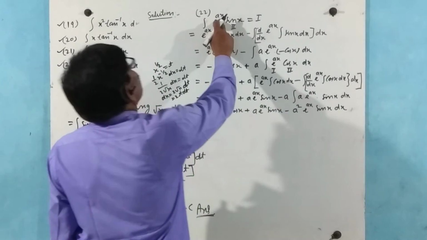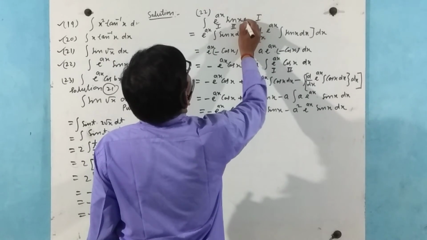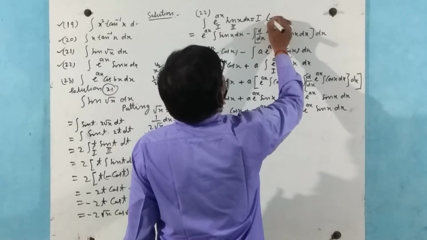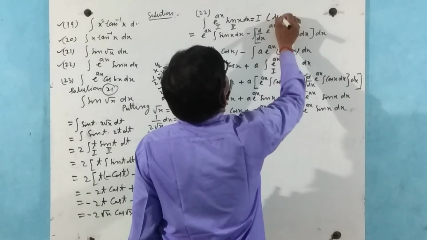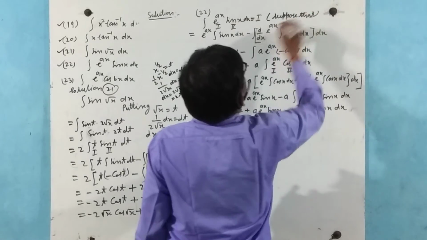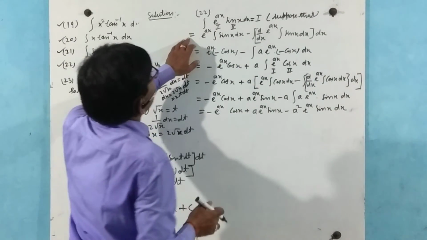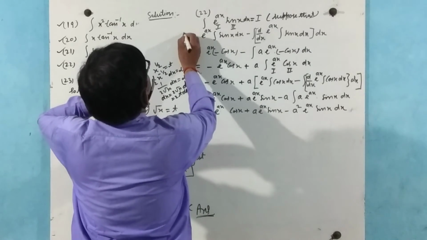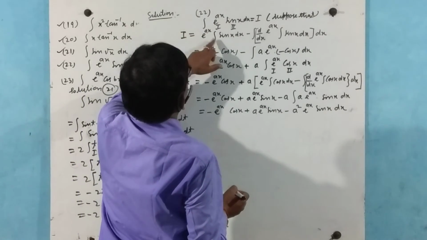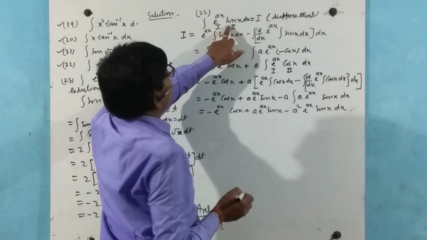Suppose I is equal to this integration. Here e to the power ax is the first function and sin x is the second function.